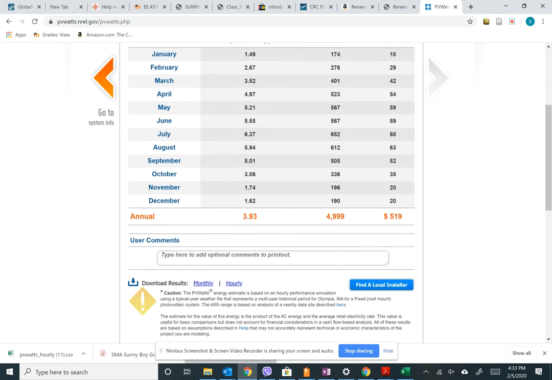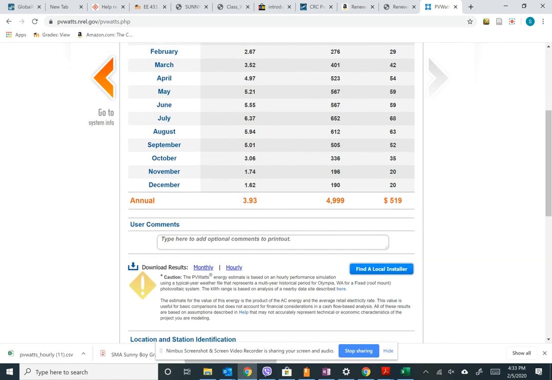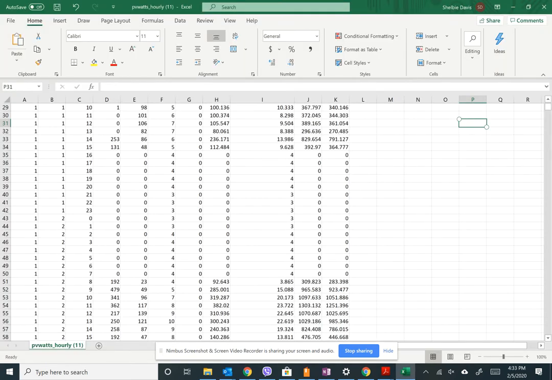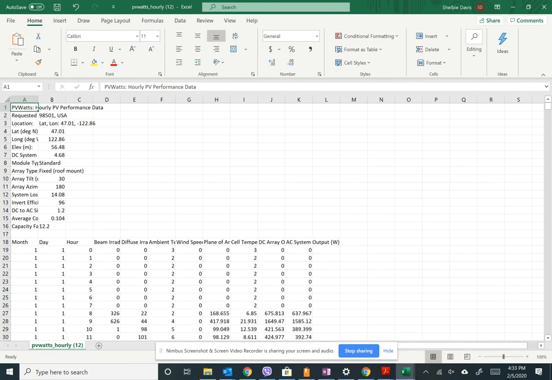And we will go to, yes, the hourly. Love that. And what we want to look at is how many times this goes above our allotted 3,000 watts.